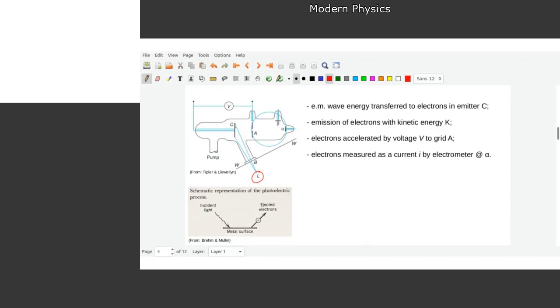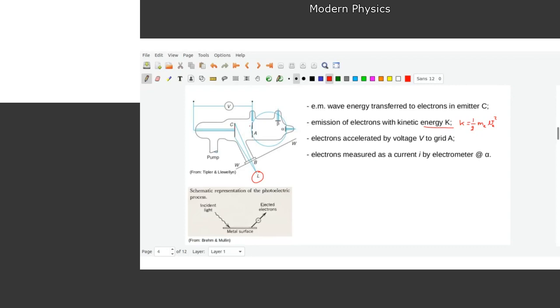And these emitted electrons have a kinetic energy K. So K for each emitted electron is half the mass of the electron, which was discovered, remember, with the Millikan experiment, times the velocity of the electron squared.